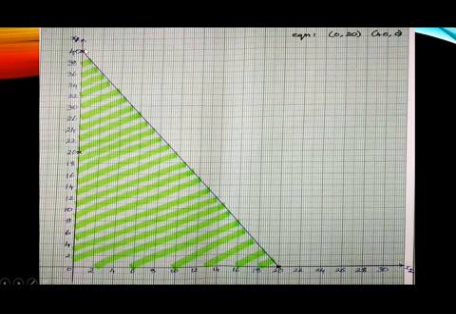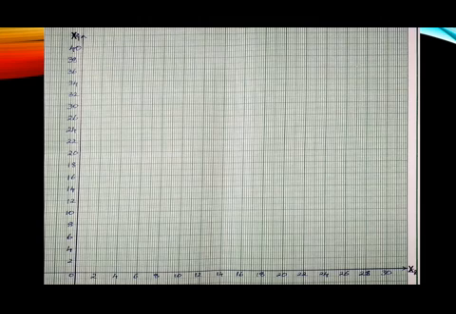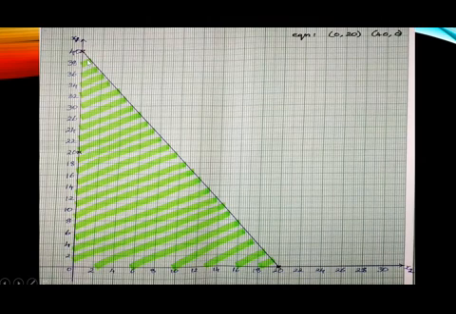So when I get two coordinate points, 40, 0 here and 0, 20 here, I join them with a straight line. And the constraint was of the less than or equal to type. Because it is less than or equal to, below the line or to the left side of the line, I am supposed to shade. So to the left side of the line, or the below region, I am shading it.